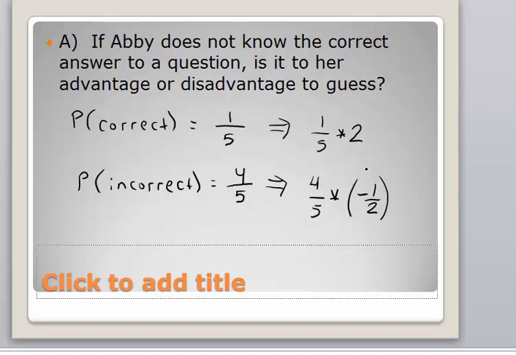So let's do these 2 calculations. 1/5 times 2 is going to give me 2 as a numerator and 5 in the denominator. 4/5 times negative 1/2 is going to give me negative 4 over 10, which is going to reduce to negative 2 over 5.